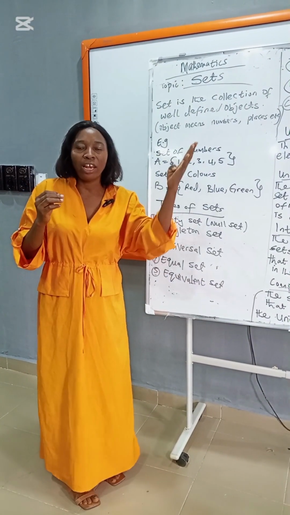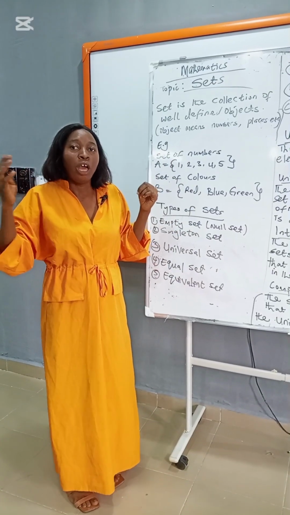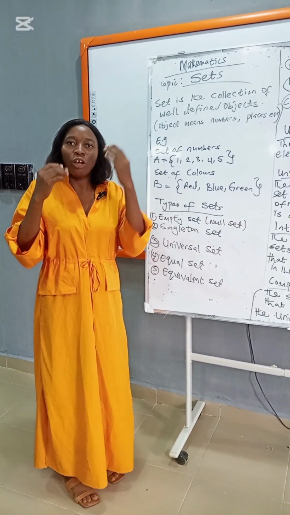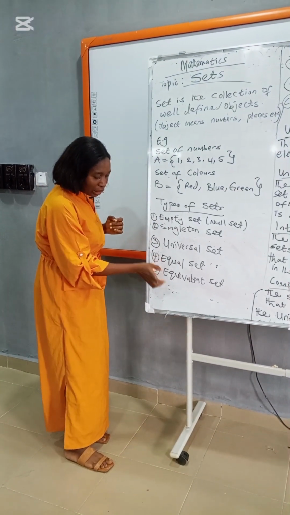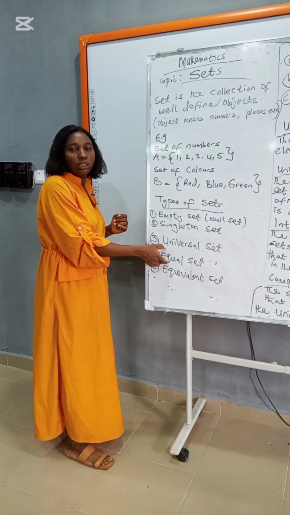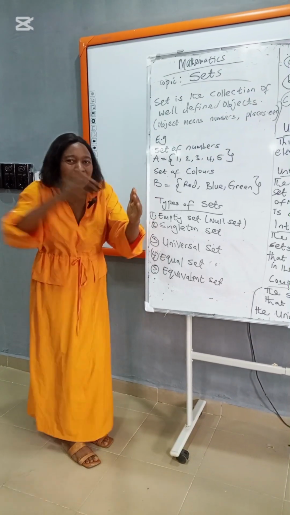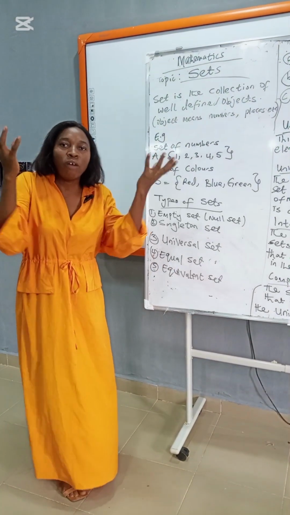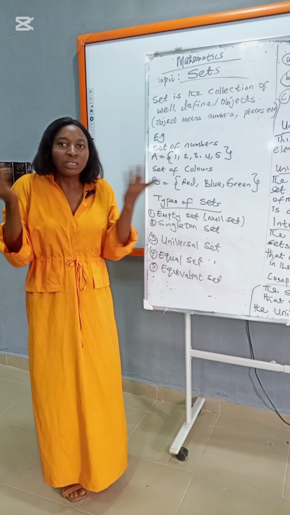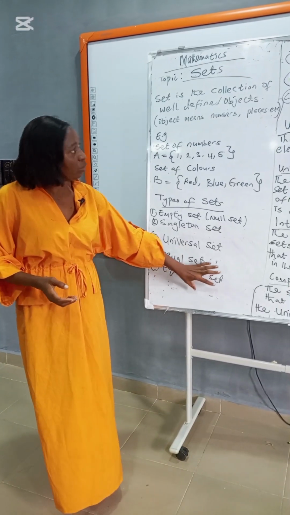It means I have 4 elements in A, and I have 1, 2, 3, 4 in B. But we know that they have what? Four elements. That's why we say an equivalent set cannot be an equal set. Because in the equal set, the elements in A must be the same as B. But for equivalent sets, the number of elements should just be the same. So that's the difference between the equal set and the equivalent set.